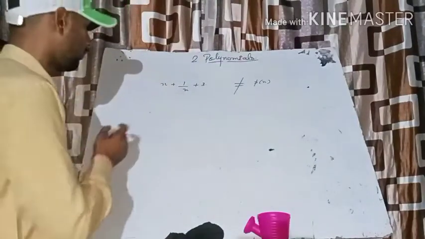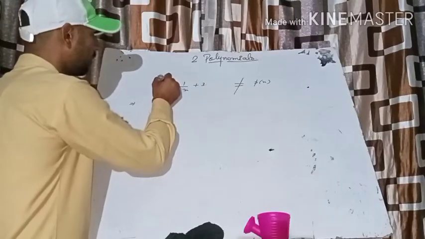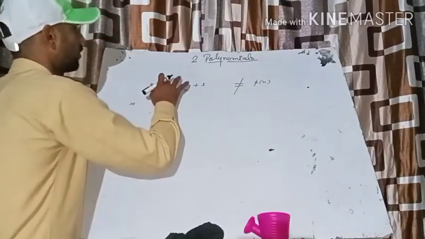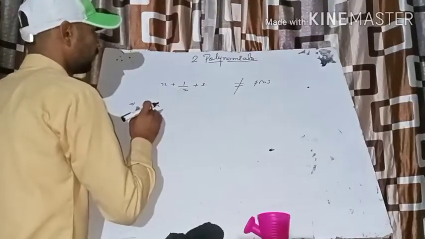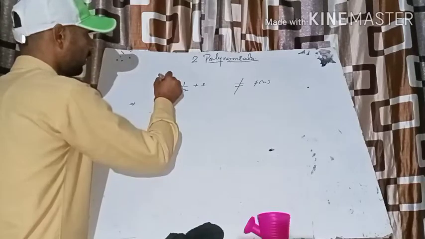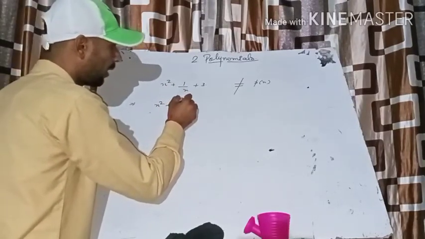Now see, whenever you write this, it could be like x square plus x minus 1.